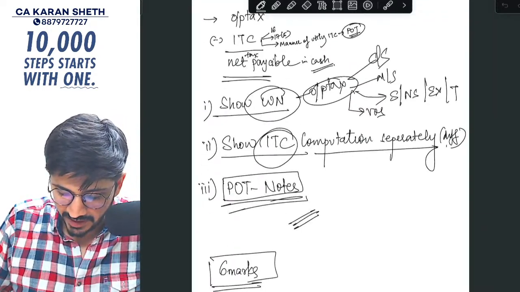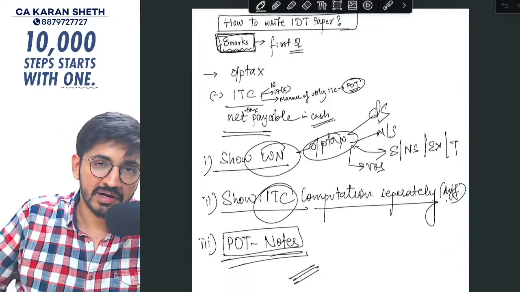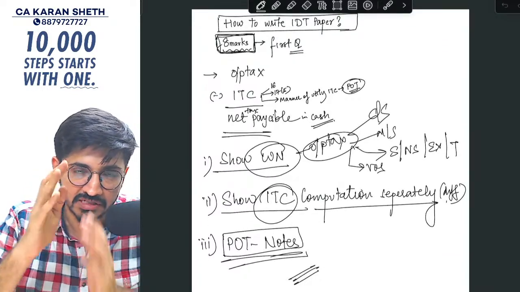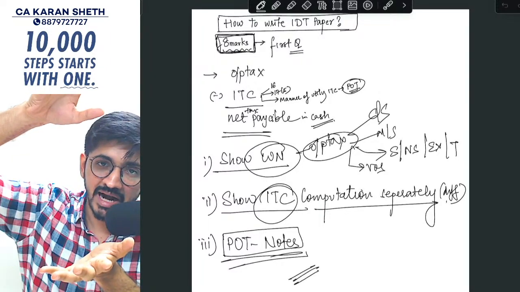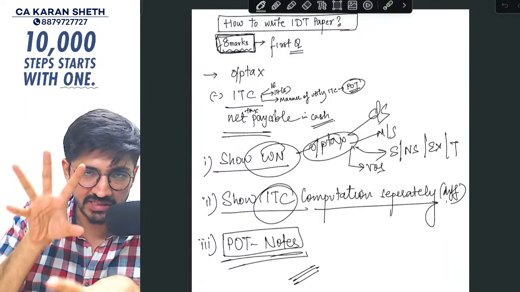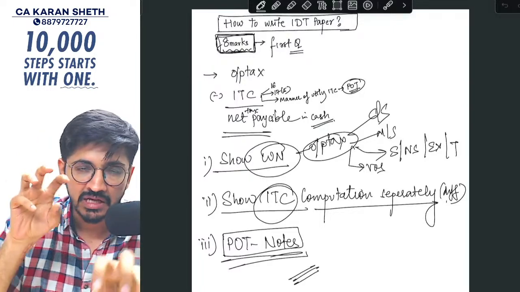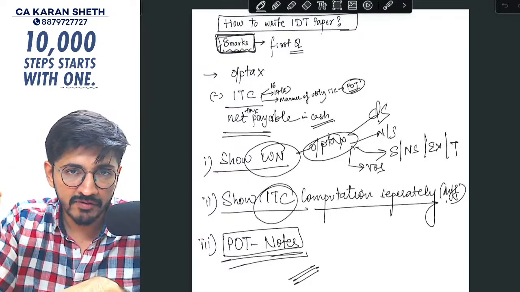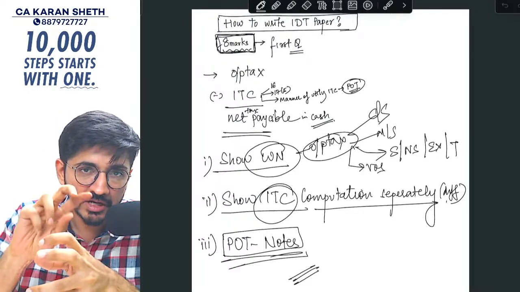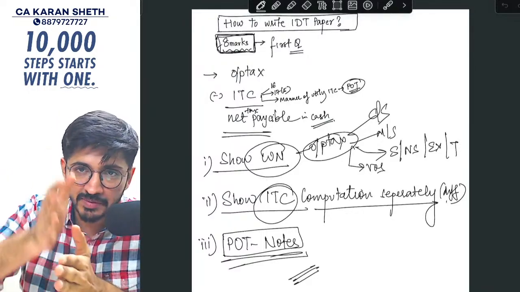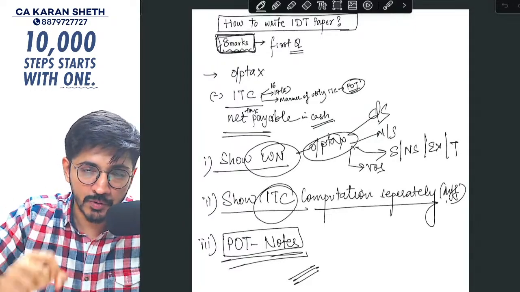Okay, right? So there are 3 important aspects that you need to take into consideration. सबसे पहला, in 8 marks make sure that there will be 2 parts. There will be output tax, there will be ITC. Output tax, try to solve it first because that will win your confidence, because what will happen is that you exactly know that okay, 50% output tax है, 50% ITC का computation.